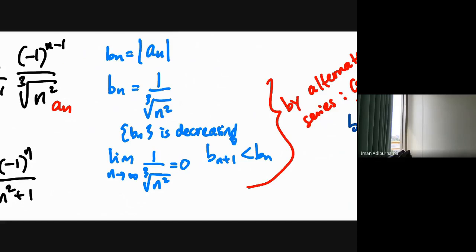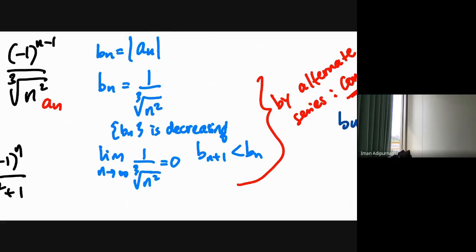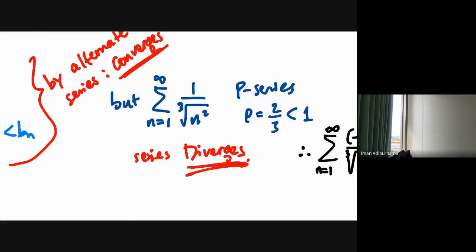But of course, because it's an alternating series, you also need to consider the series of the absolute value itself. So it converges, but it differs in its absolute value, so we say it's conditionally convergent. Absolute convergence and conditional convergence mostly happen in alternating series.